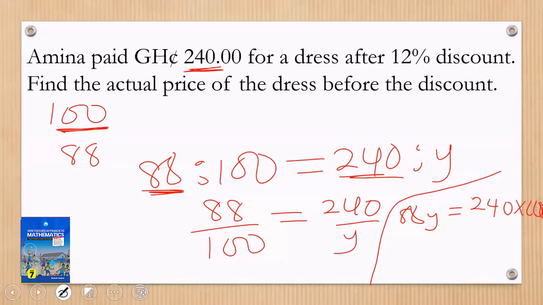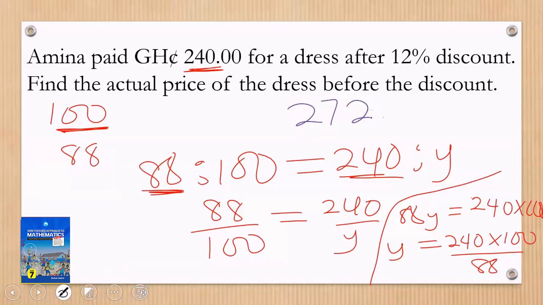If I divide both sides by 88, I have 240 times 100 divided by 88. You can do a simple calculation by doing cancellation, and when you do that very well, your answer will turn out as 272.72. That means the original price was 272 cedis, 72 pesewas, and the person paid 240.